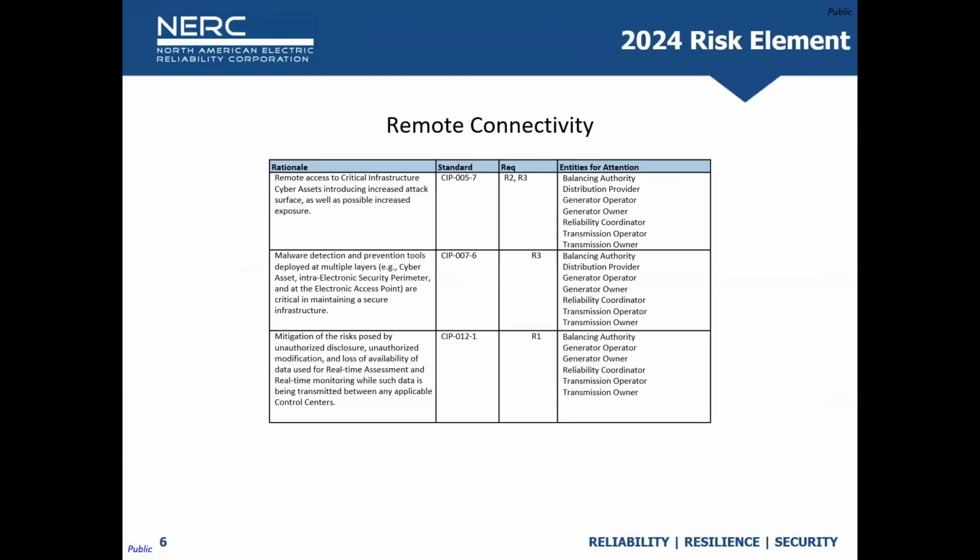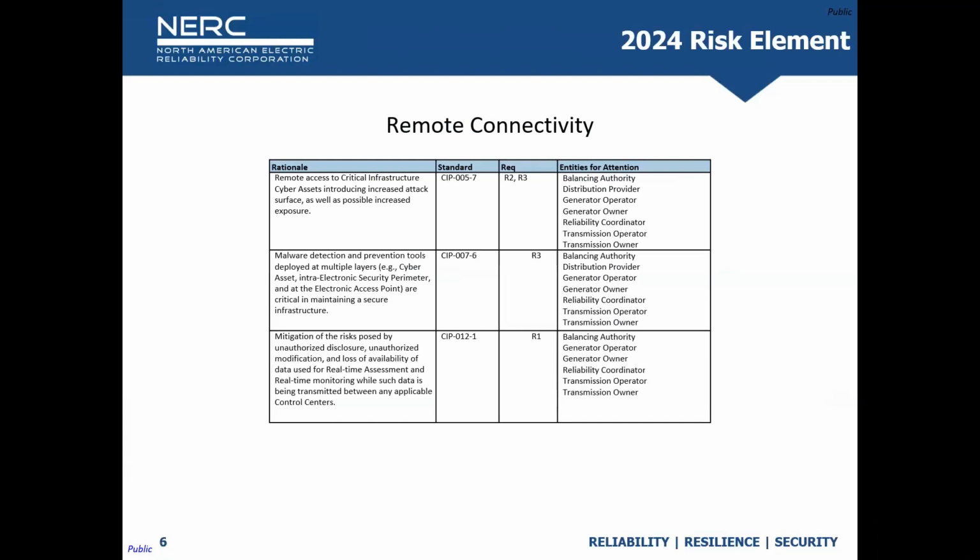So for remote connectivity, entities must develop controls to prevent or mitigate malicious or unintentional access to the BES cyber assets. Failure to develop controls may compromise the integrity and operability of the BPS.